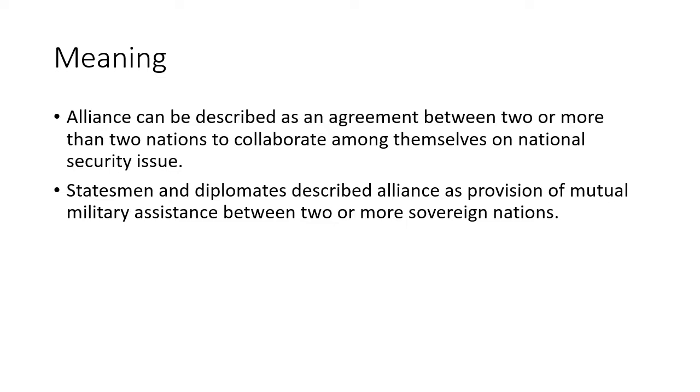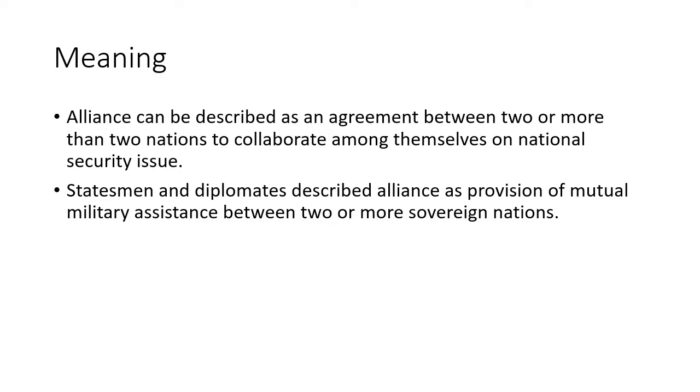The term alliance is really difficult to define because it is a complex and complicated term. Scholars use the term alliance interchangeably with bloc, sometimes with coalition, or sometimes with pact. But technically speaking, alliance is different from those terms.